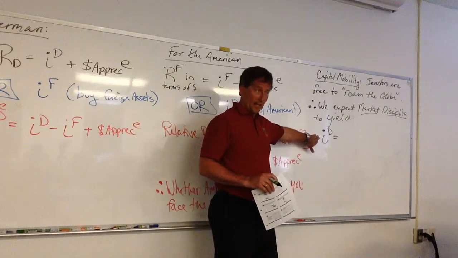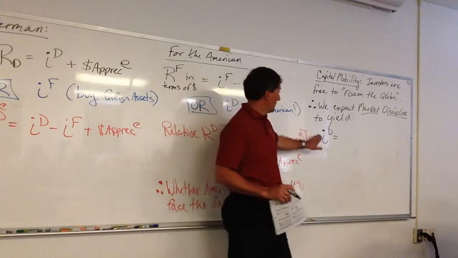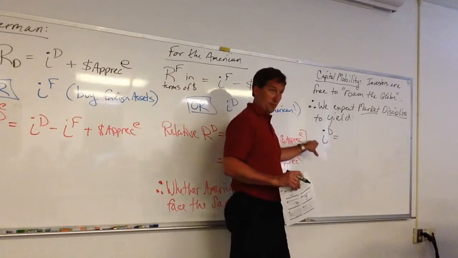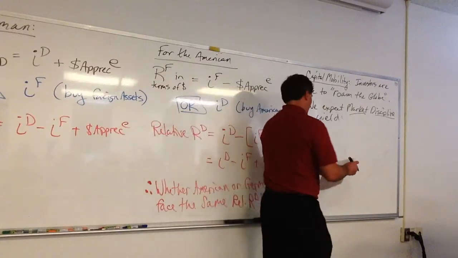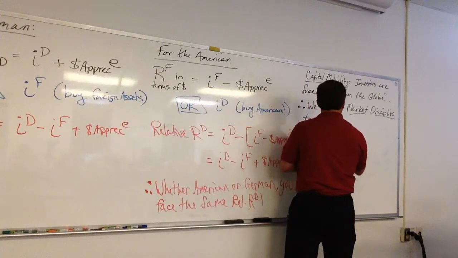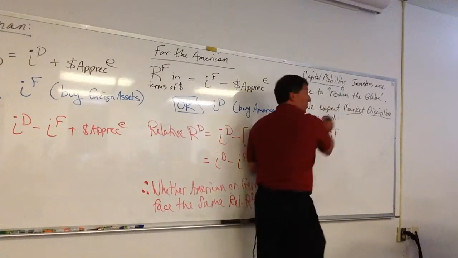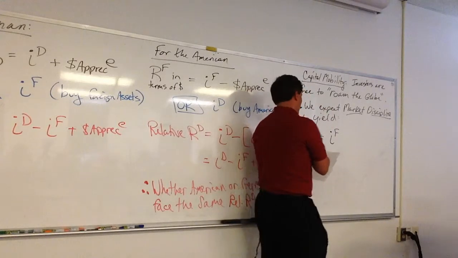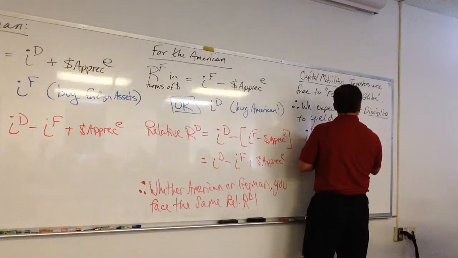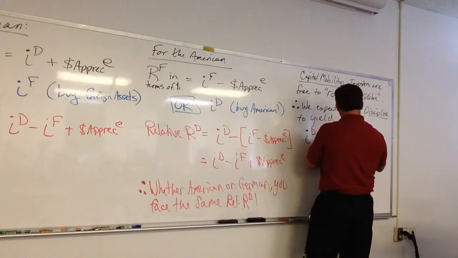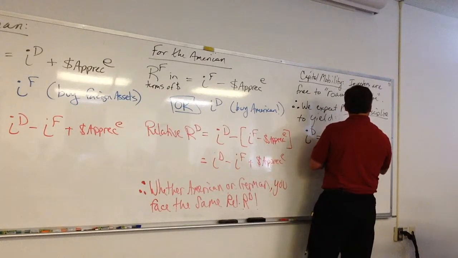Domestic interest rates for dollar-denominated financial assets should equal my foreign counterparts due to arbitrage. My interest rate that I can get from a foreign investment minus, and I'm going to write out the full formula one last time here, minus my dollar appreciation figure.